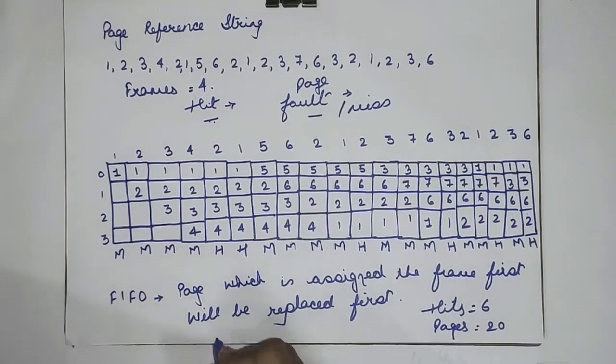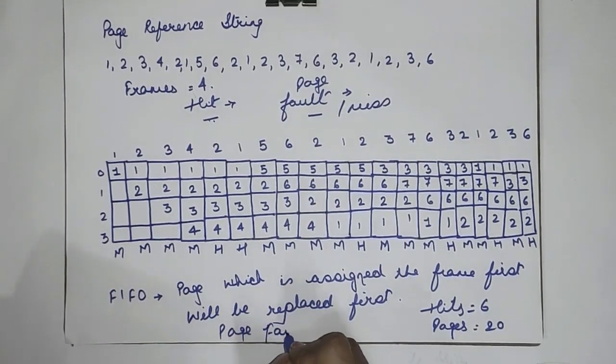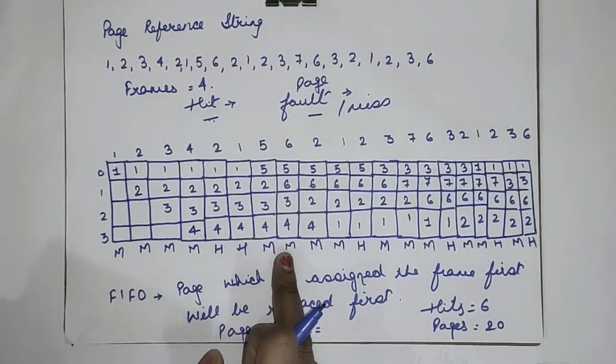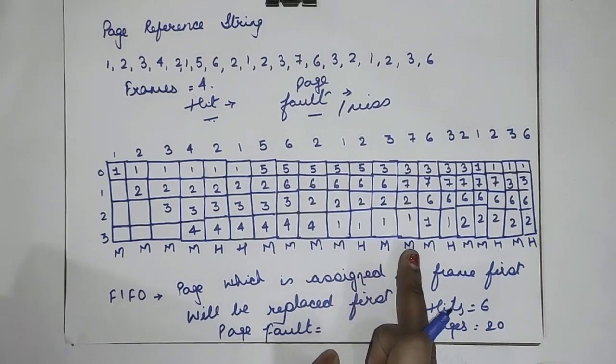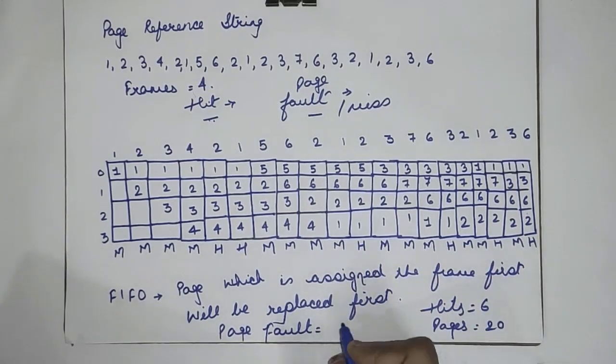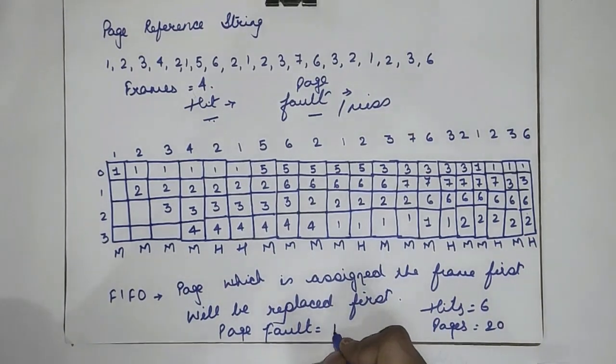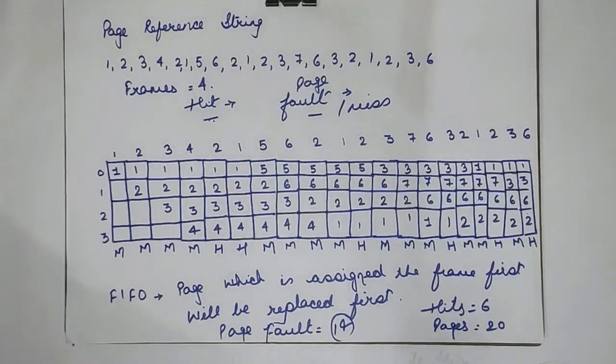So page fault is, you can count as well, 1, 2, 3 up to 14. So 14, or you can subtract the number of page hits from the number of pages: 20 minus 6, 14. So anyway, you will get 14 as your answer.